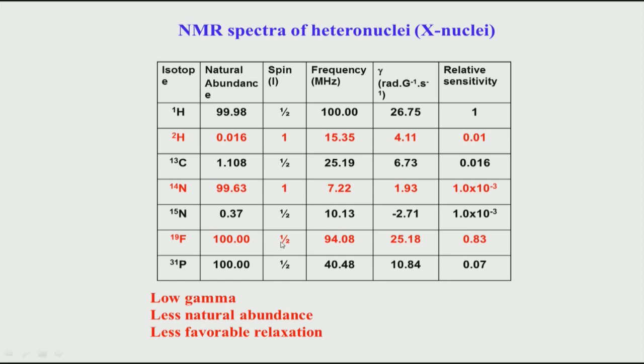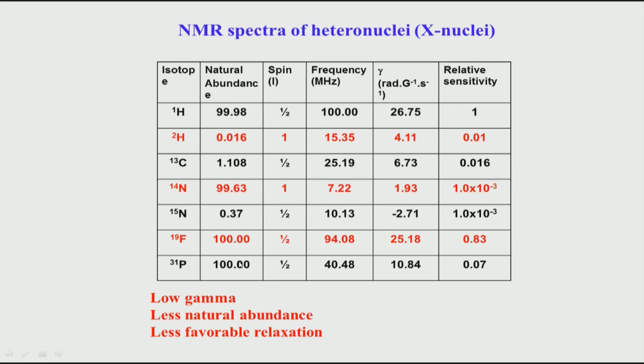As far as spin halves are concerned, the additional source of relaxation can be what is called chemical shift anisotropy. Chemical shift anisotropy is very high for fluorine and phosphorus. Therefore, these types of nuclei are insensitive not only because of natural abundance or gamma, but also because of less favorable relaxation properties.